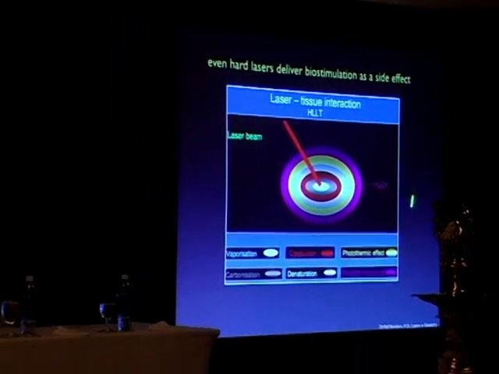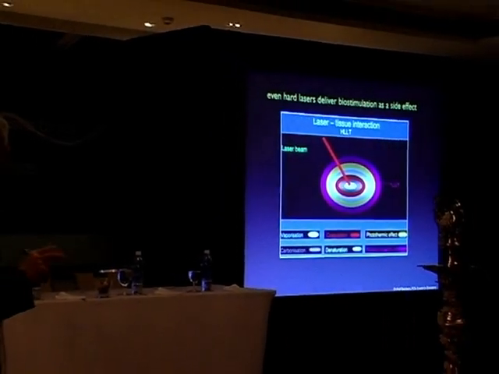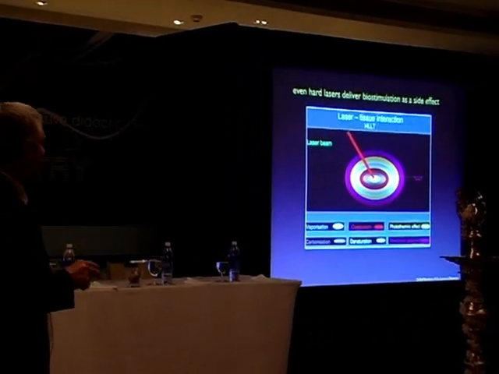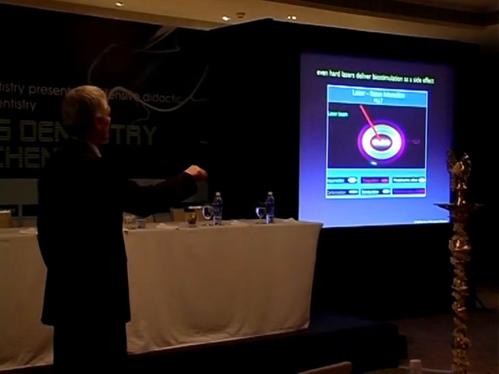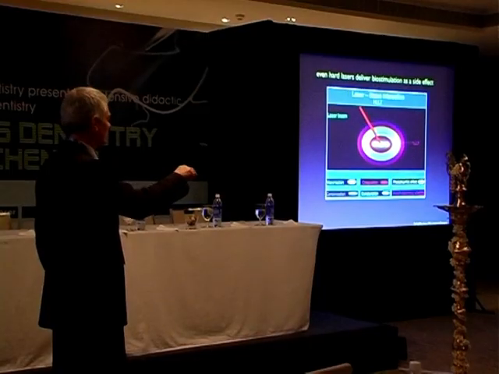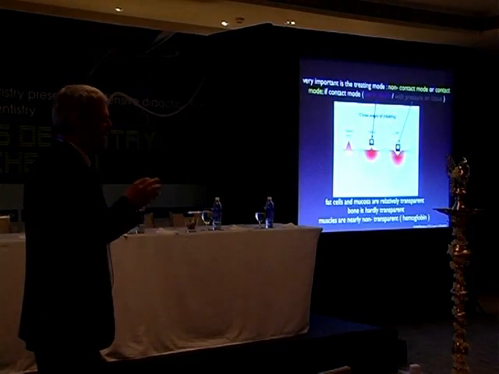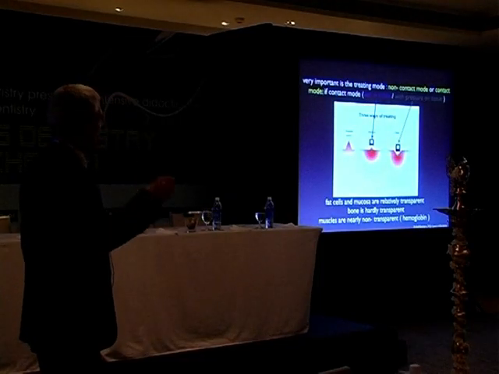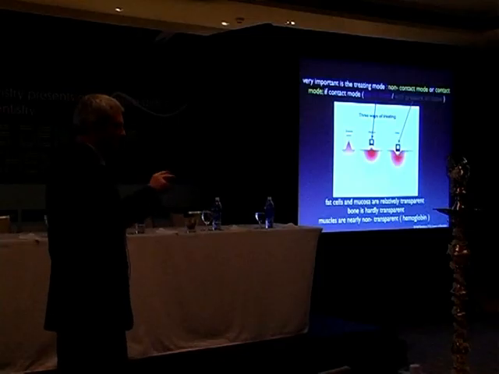So even every laser is doing a little bit of low-level laser therapy, even a hard laser. So an erbium laser has a zone of low-level laser therapy also. When you're using low-level laser therapy, you have to think about the area you want to reach. If you want to reach an area on the skin, you just can use it in defocus mode.